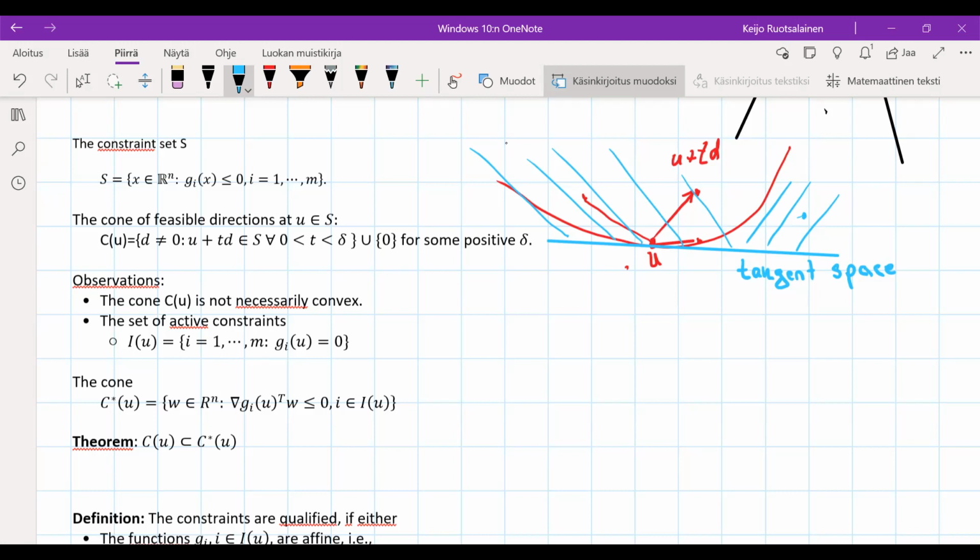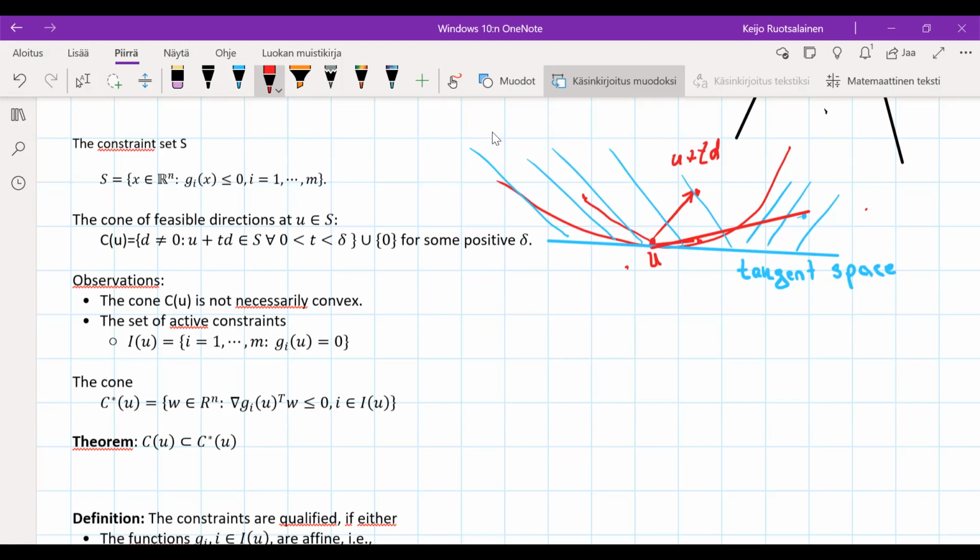So if I join these together, then, at least in the convex case, there is some positive t such that if you start in this direction, you are inside our constraint set, and so this direction is feasible.